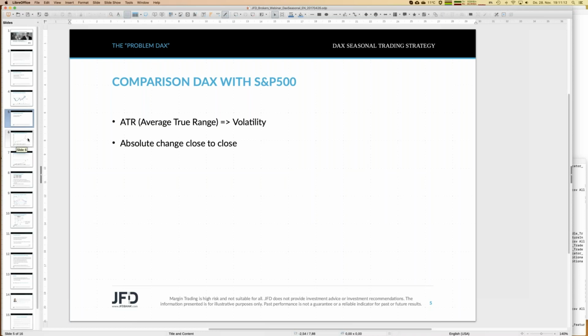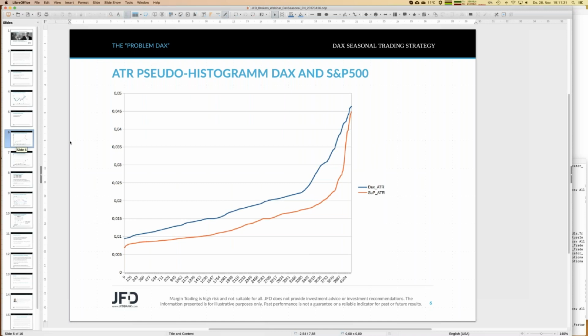But let's look at that first without a sign. Still, the question is, why is it more tricky to trade the DAX than other indices? And what I've done here is a chart which normally I call pseudo histograms. So let me tell you what that is. I have investigated 4,000 days. So for any day between 2000 and 2016, I know the ATR.